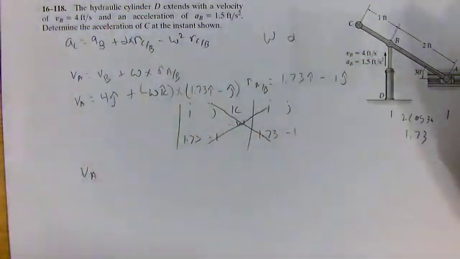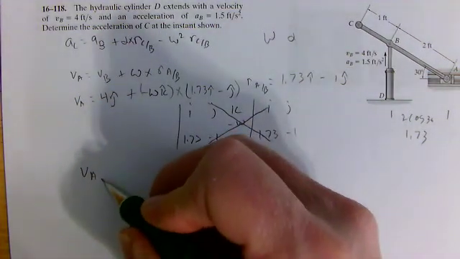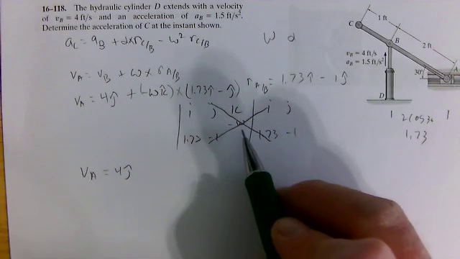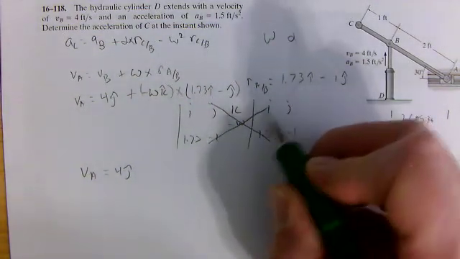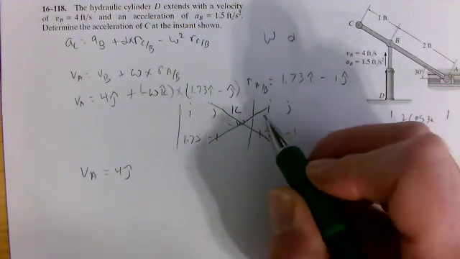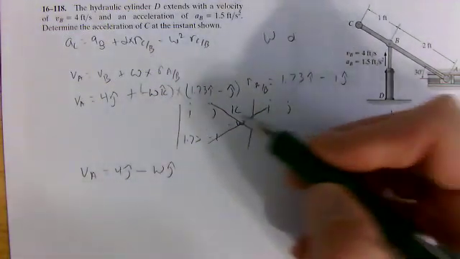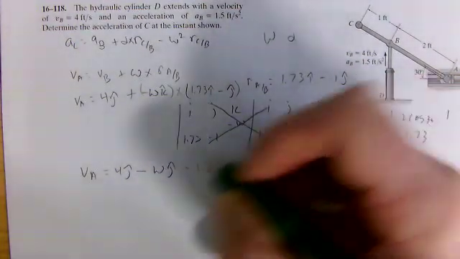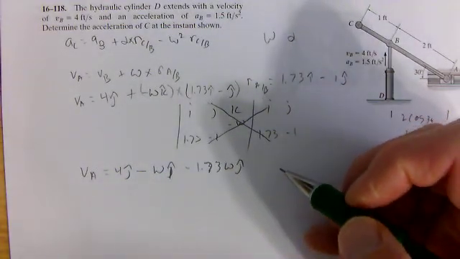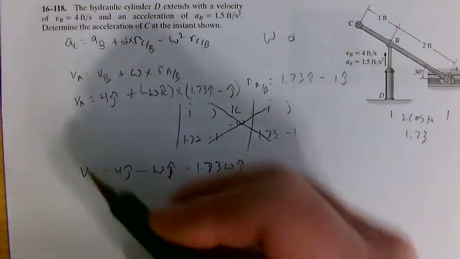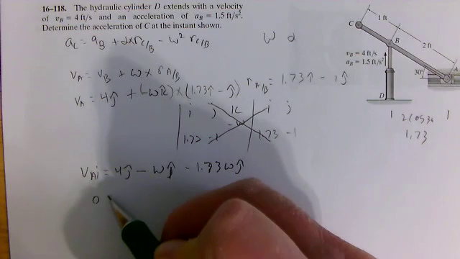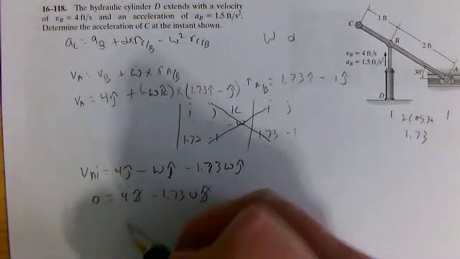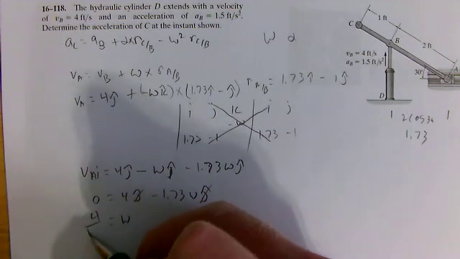So VA, which is all in the I direction, is equal to 4 in the J times minus, now let's do I first, triple negative, so it'll be negative omega in the J, and a single negative, negative 1.73 omega in the, oh sorry, that was I, this is J. In the J direction, 0 is equal to 4J minus 1.73 omega in the J. You can cancel out the J's, and omega is equal to 4 divided by 1.73.